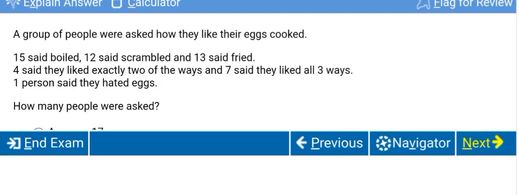A group of people were asked how they like their eggs cooked. 15 said boiled, 12 said scrambled, and 13 said fried. 4 said they like exactly 2 of the ways, and 7 said they like all 3 ways. One person said they hated eggs.